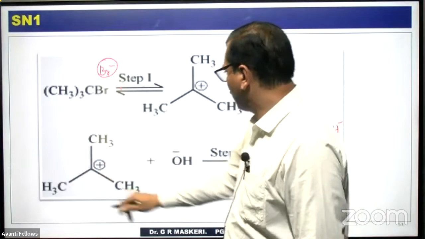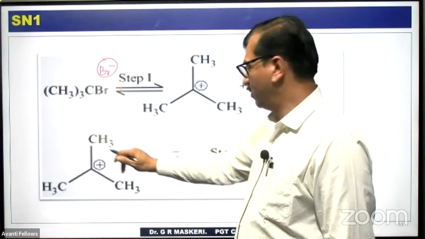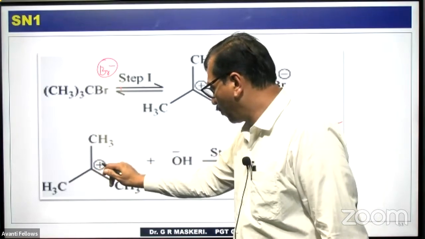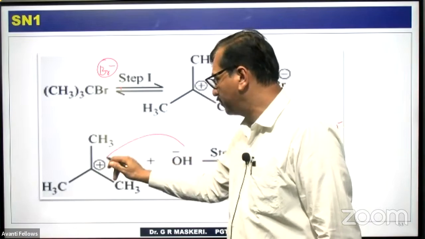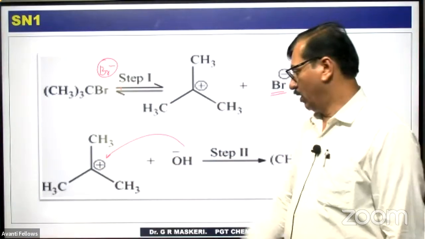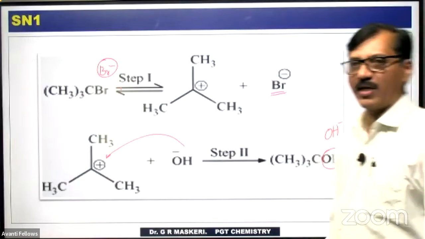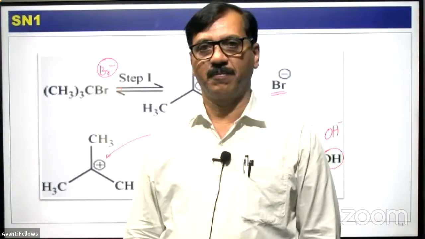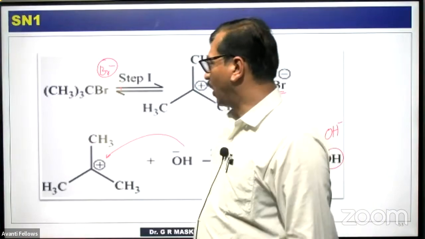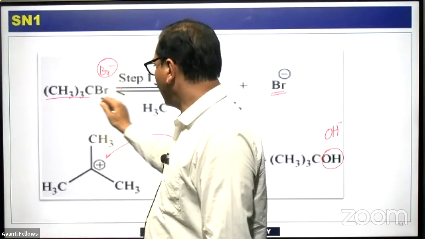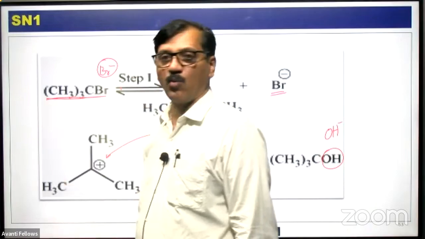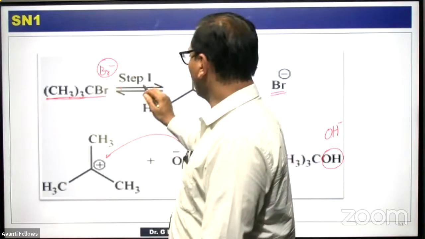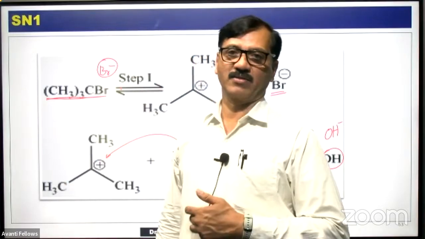Now in the second step, the carbocation, the carbon containing positive charge, is attacked by the nucleophile. So when the nucleophile enters, the product is formed. Now why is it called unimolecular? This is unimolecular because only one compound is involved in the slow step of the mechanism.